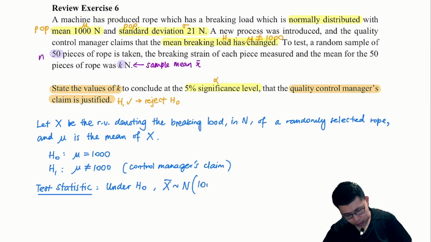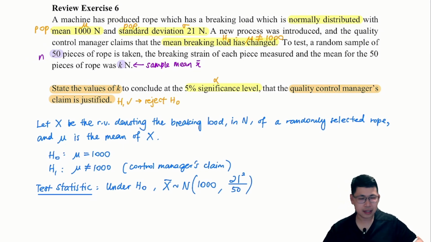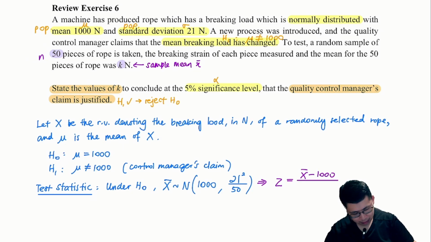The mean, the population mean under H naught, we will use this as the mean. The variance would be 21 squared over the sample size of 50. Okay, and because of that, I think it will be good to standardize. So x bar minus our mean divided by standard deviation.